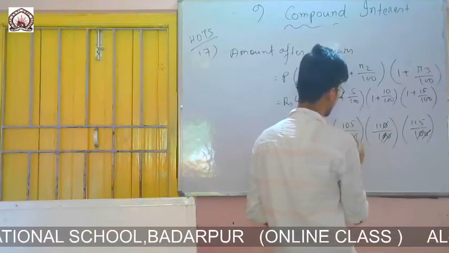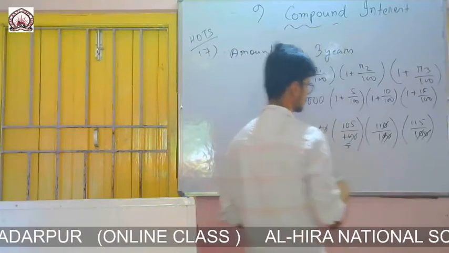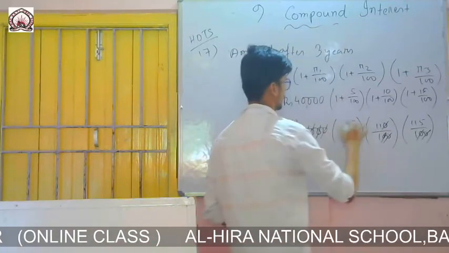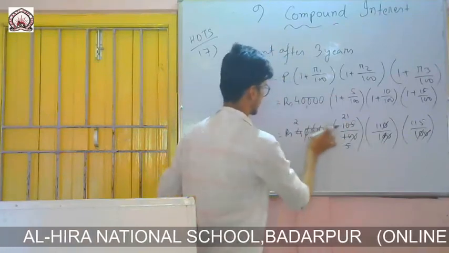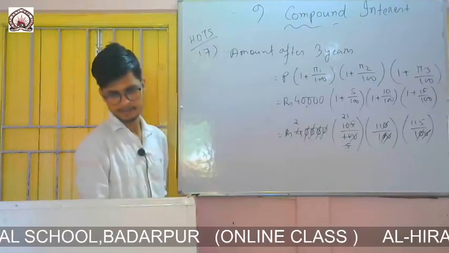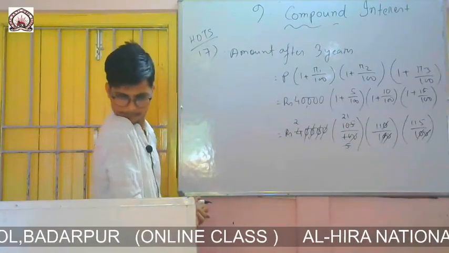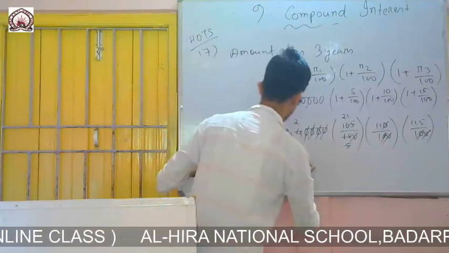With 5 I can cancel this one. 5 2s are 10 and 21. So left here 2, then 21, 11 and 115.